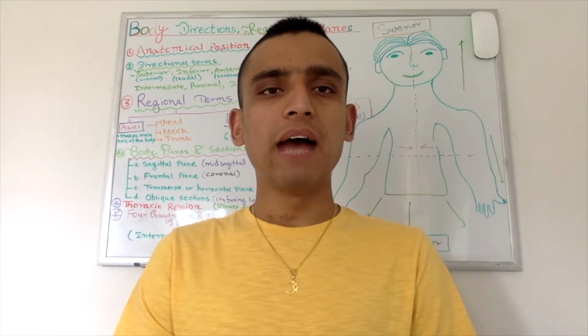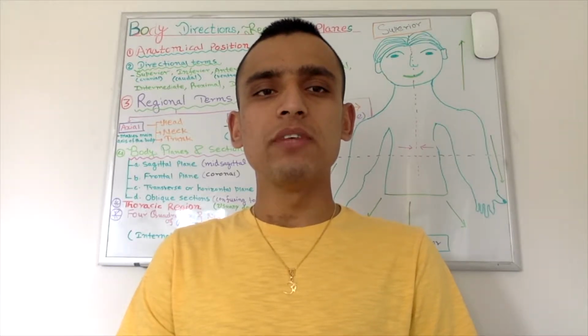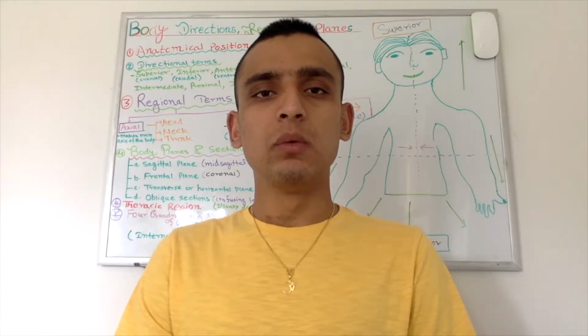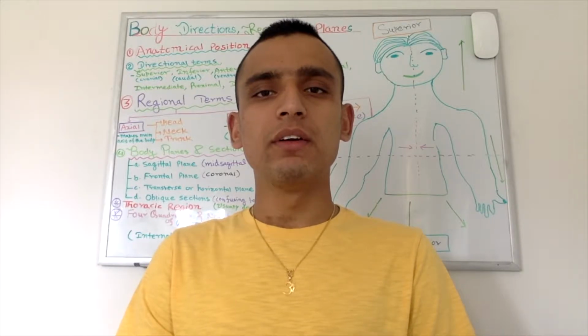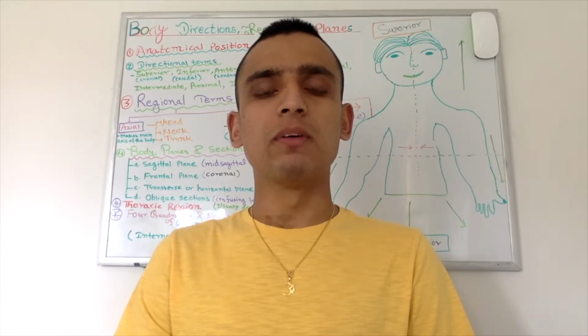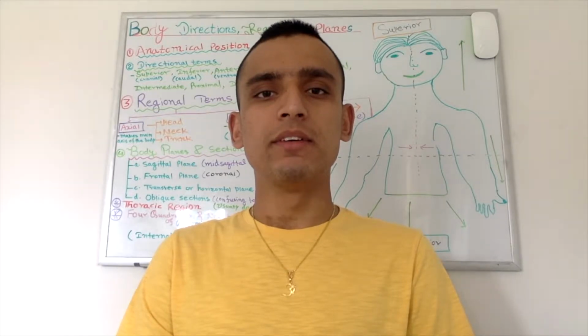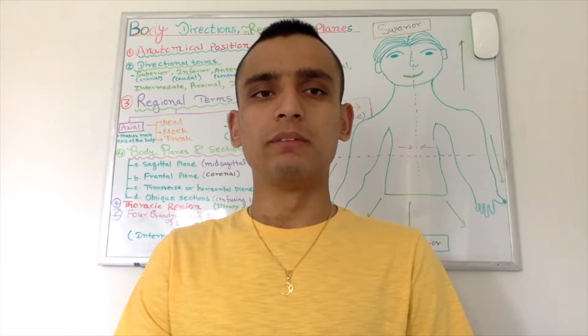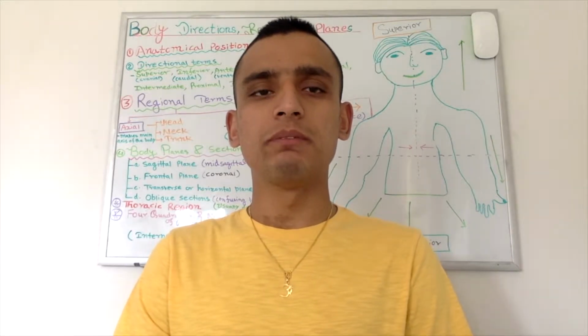Now, after that, directional terms. We will mention different directional terms in this lecture. We will focus on superior, inferior, proximal, distal, deep, intermediate, superficial, and so on. I'll mention those in a few moments.